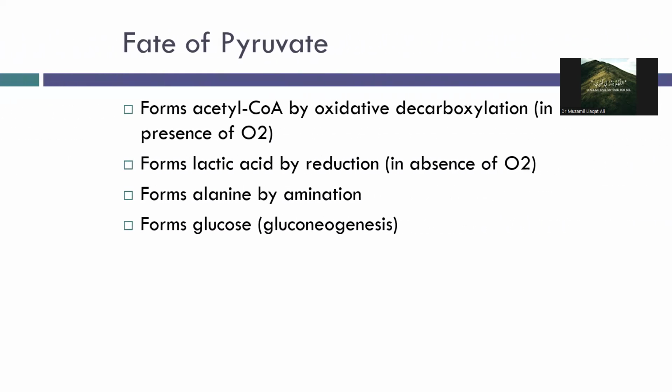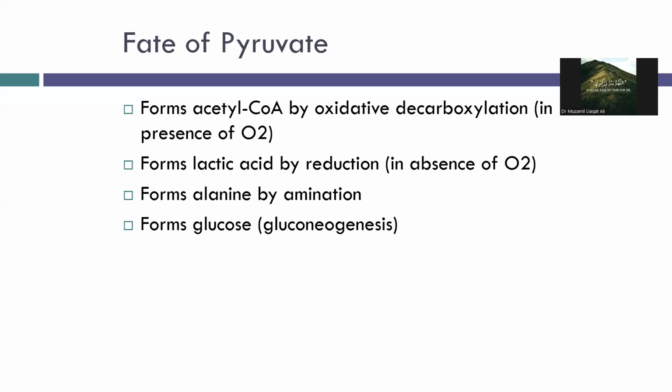This slide, the fate of pyruvate, is one of the major metabolic fates of glycolysis that can be asked in exams frequently, and it's a high yield exam topic. What are the fates of pyruvate? Pyruvate has four major metabolic fates. The very first one is oxidative decarboxylation that forms acetyl-CoA, which in the presence of oxygen enters the TCA cycle.